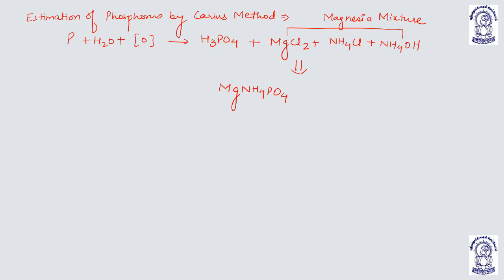which is collected, washed and dried, and further after heating it forms magnesium pyrophosphate, Mg2P2O7.